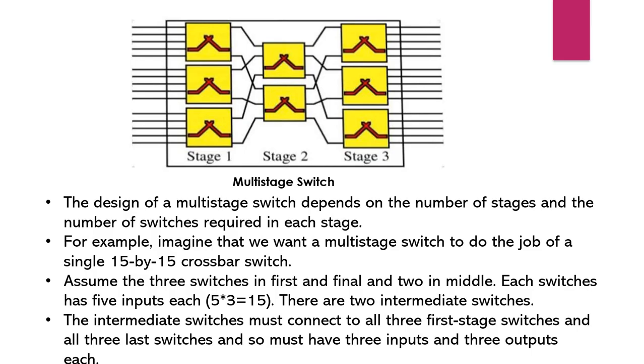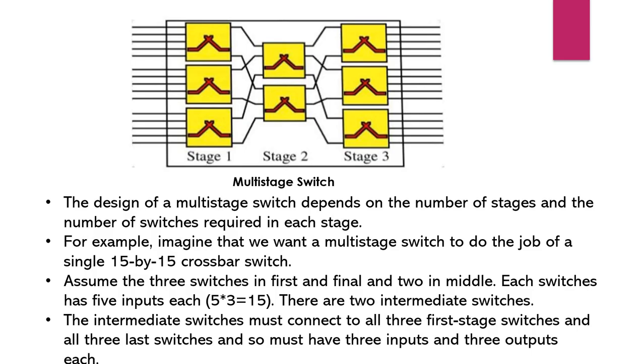The stage one, that is the first switch, has five inputs and two outputs. Five twos are 10, so 10 crossbar switches are enough for the first switch in stage one. Likewise, with three switches, 30 switches are enough in stage one. In stage two, there are three inputs and three outputs in each switch; three threes are nine. Likewise, the other one is nine. In total, 18 switches are enough for stage two.